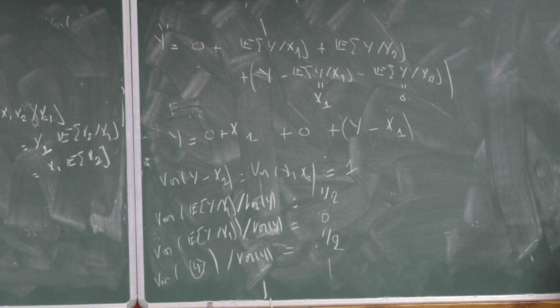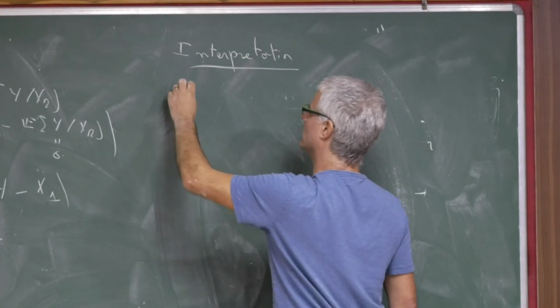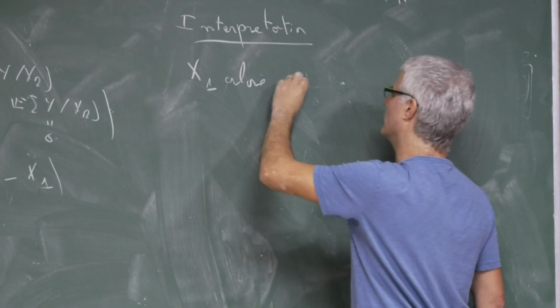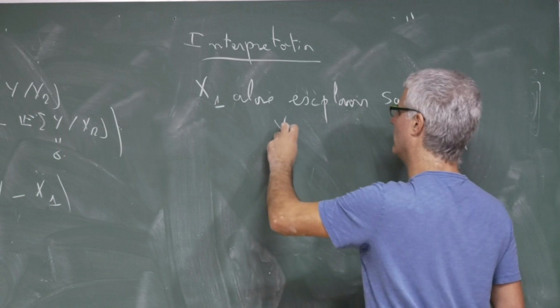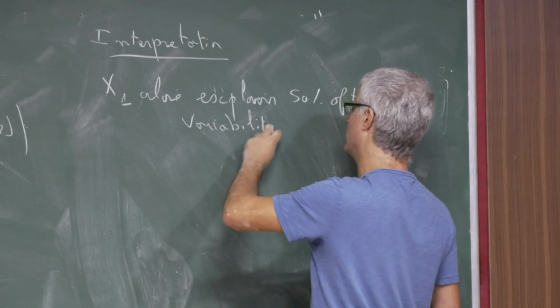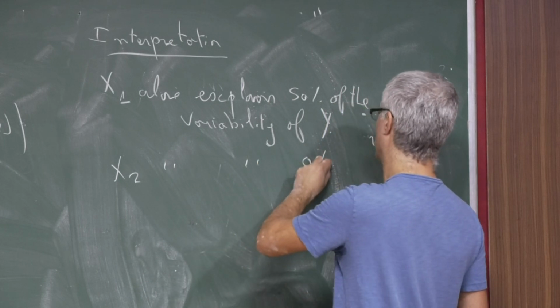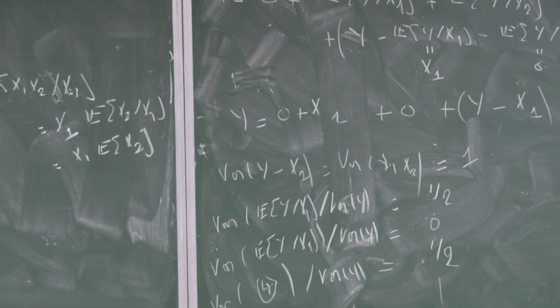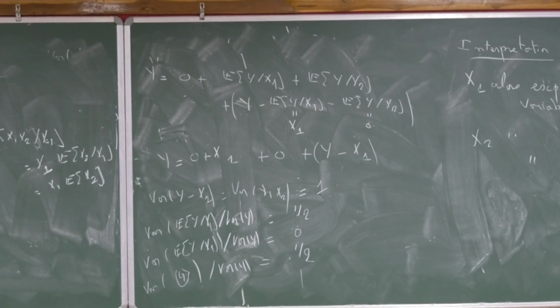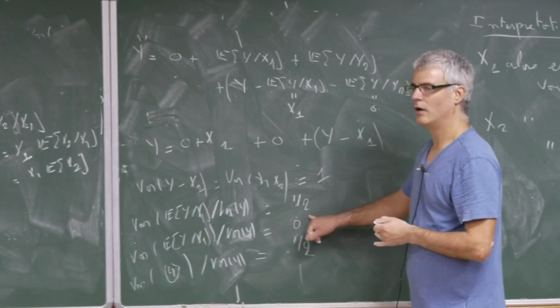So here are the interpretations. The fact that this value is 1/2 means that x1 alone explains 50% of the variability of y. x2 alone explains 0% of the variability of y.